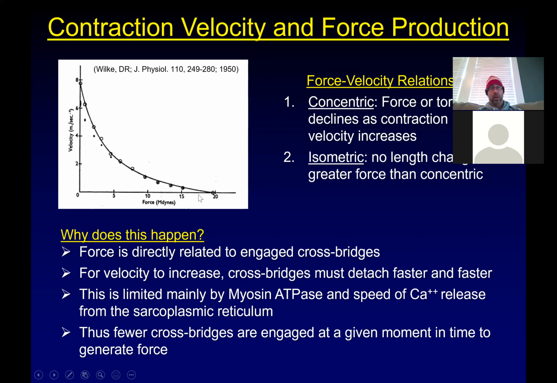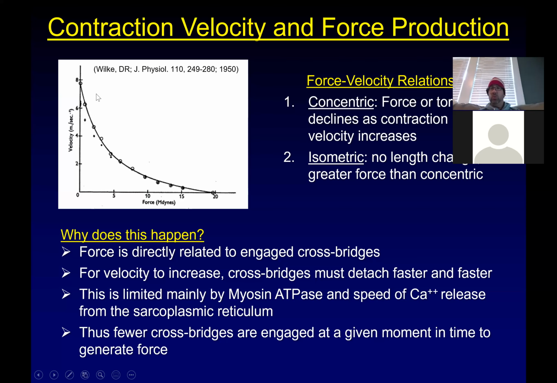It occurs where the line illustrating the relationship between force and velocity intersects with the axis showing velocity, because there's no movement with isometric contractions, there's no velocity. And so we're looking here at a zero velocity contraction. And what you can see is that at a zero velocity contraction, that's going to yield us the highest amount of force, okay, in comparison to any of our concentric contractions.